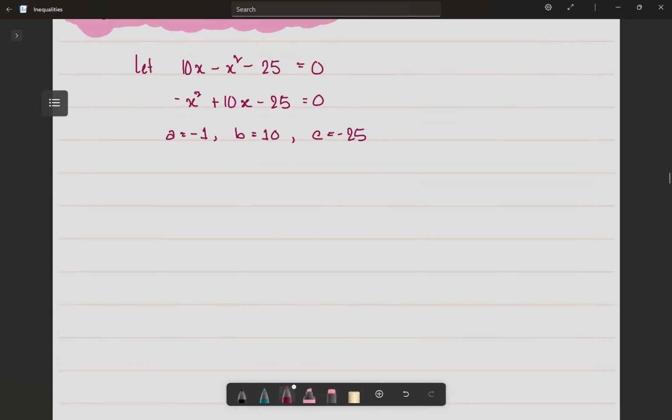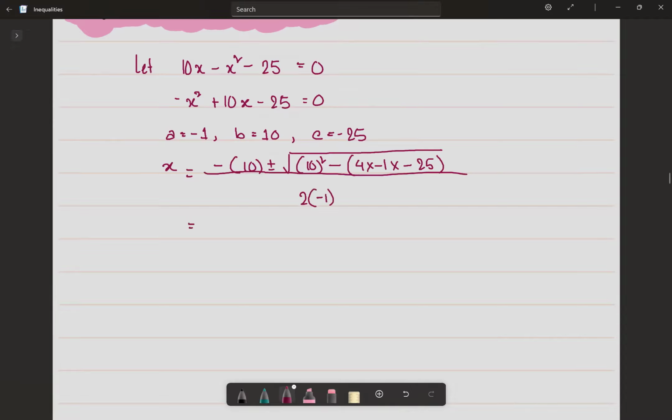So my values for x, the critical values, would be x equals minus b plus or minus the square root of b squared minus 4ac, divided by 2a.